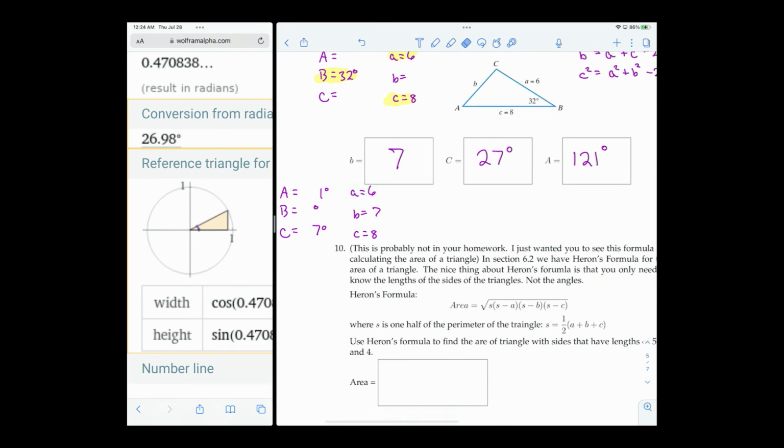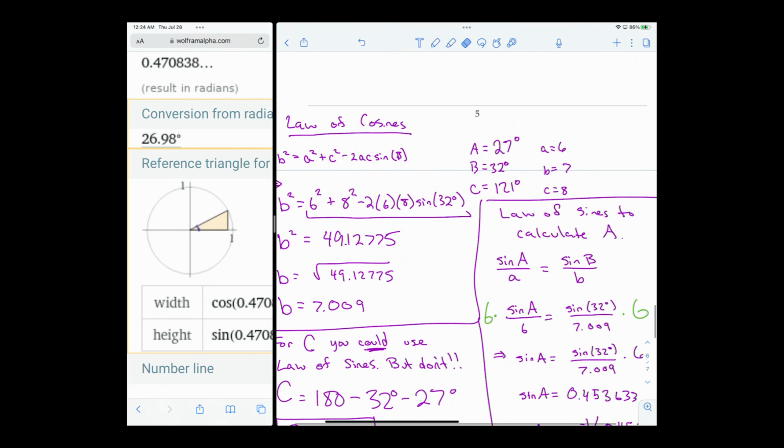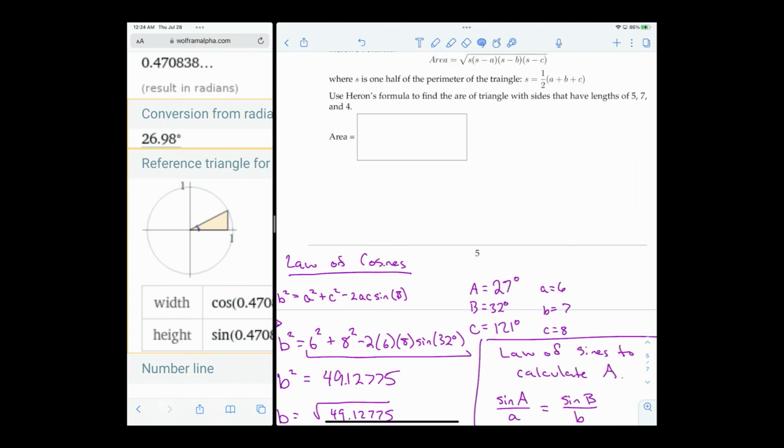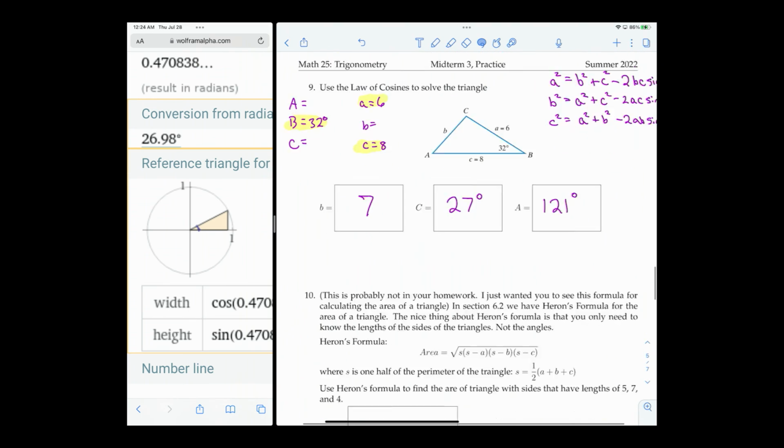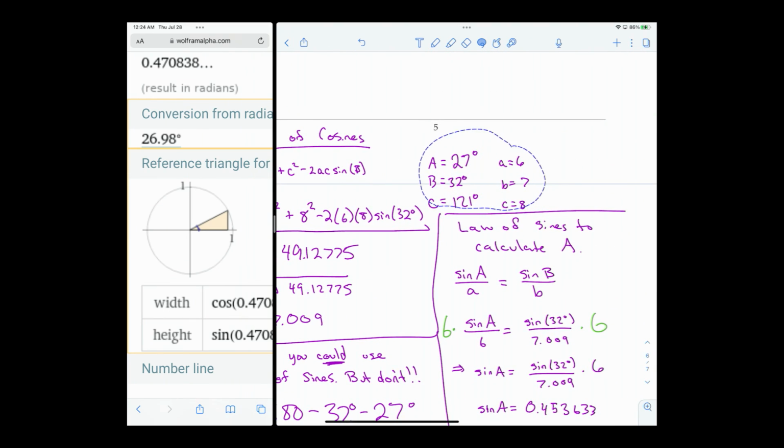So this is all wrong. Just the A and the C are backwards. I was looking at the picture and I was like, that doesn't look like it could be correct. Sorry again.